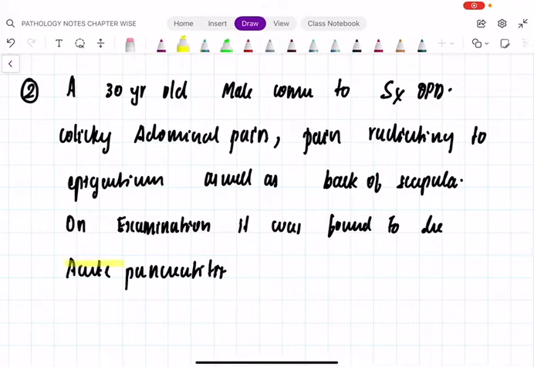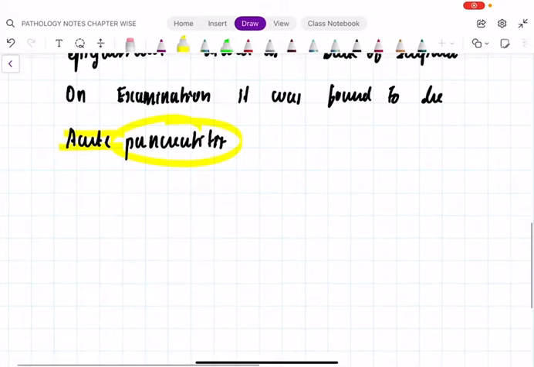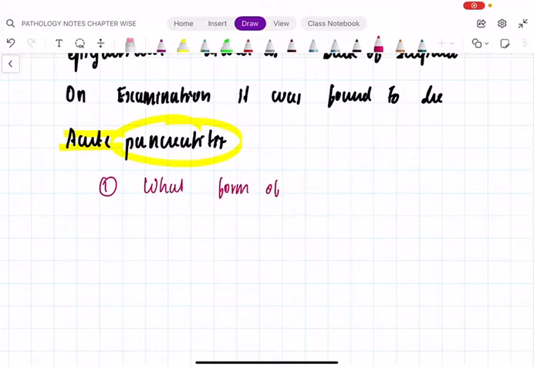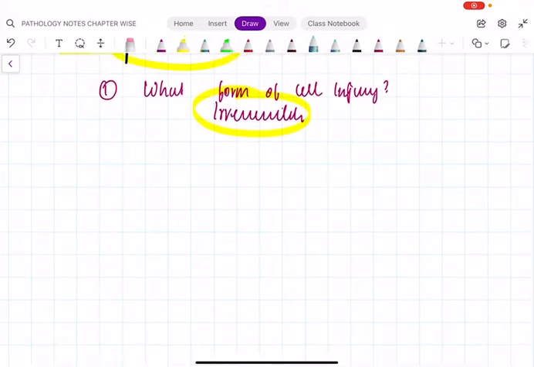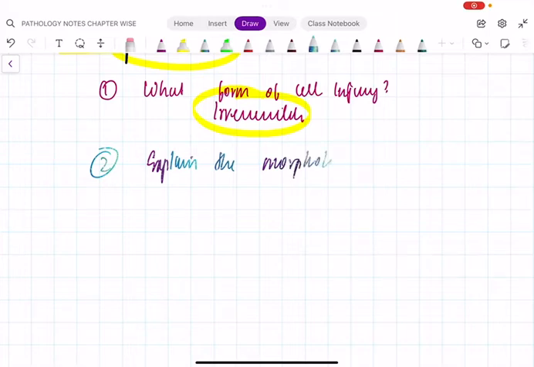They have already given the diagnosis. It is acute pancreatitis. Here comes question number 1. What form of cell injury? Yes, again here it is irreversible. Second question, explain the morphology of necrosis.